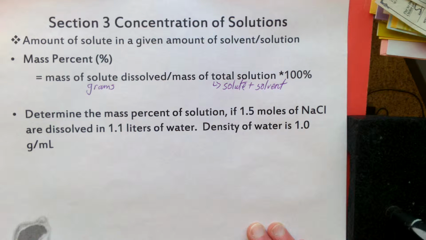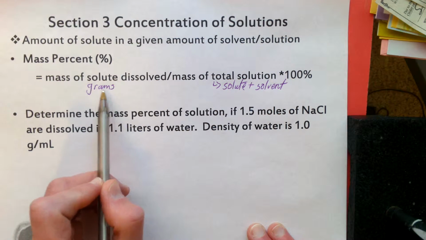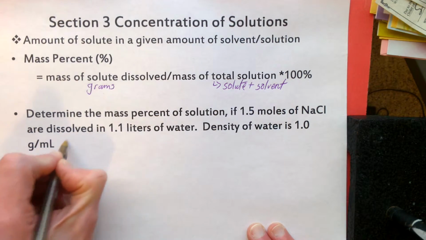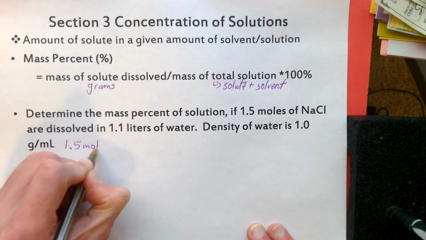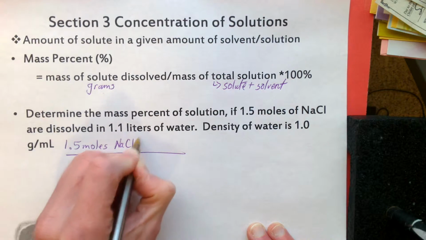Okay, so let's try an example here. Determine the mass percent of the solution if 1.5 moles of sodium chloride are dissolved in 1.1 liters of water, and the density of water is 1 gram per milliliter. The solute is the sodium chloride, so let's take that 1.5 moles of sodium chloride and change that to grams.